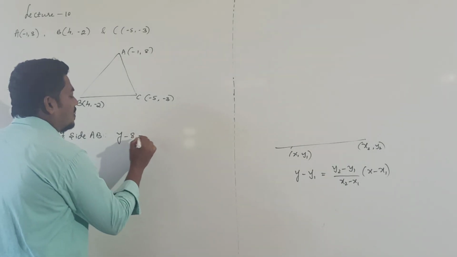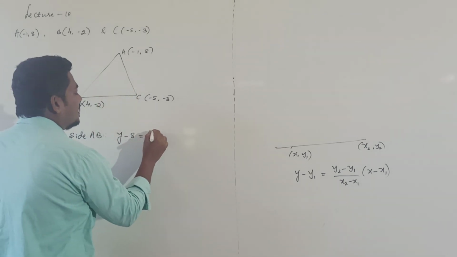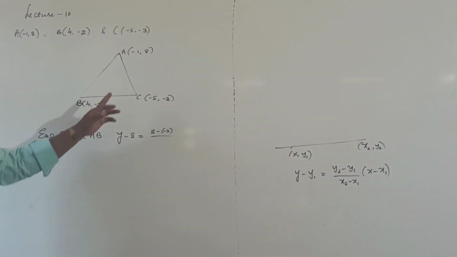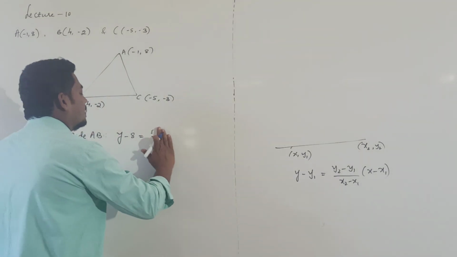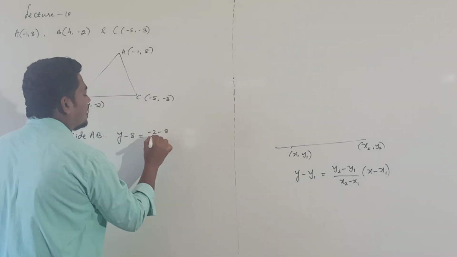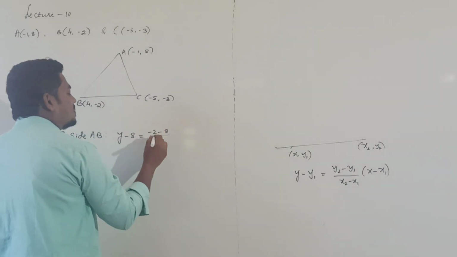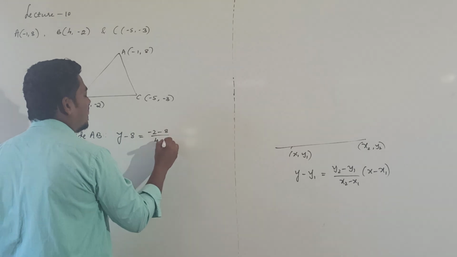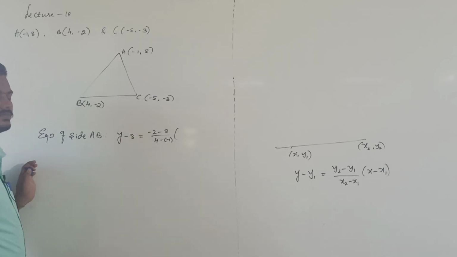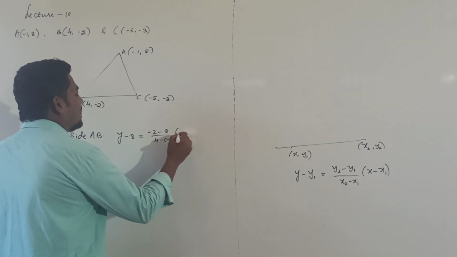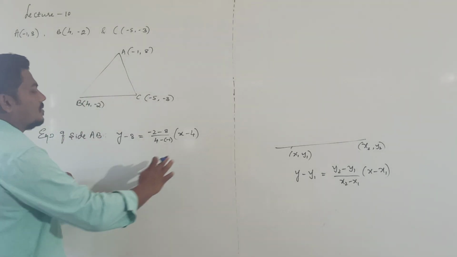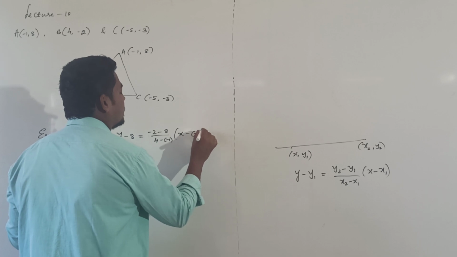Y minus y1 is equal to (y2 minus y1), that is -2 minus 8 whole thing, divided by (x2 minus x1), that is 4 minus of -1, into x minus x1. Here y1 is 8, and x minus x1 means x minus of -1, right?